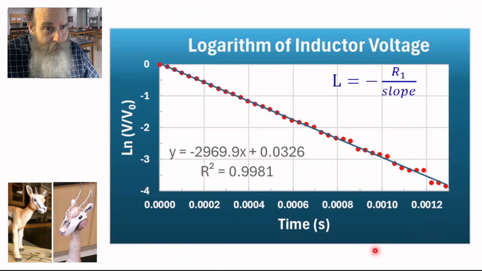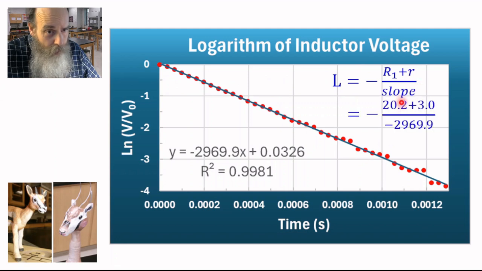So this is what we had before: L was negative R1 over the slope. But now we have L equals negative (R1 plus r) over the slope. So negative 20.2 plus 3.0 over negative 2969.9, which gives us 7.81 millihenries.